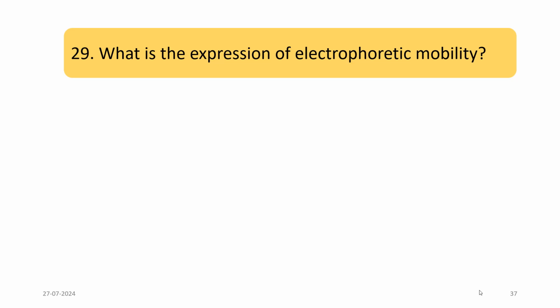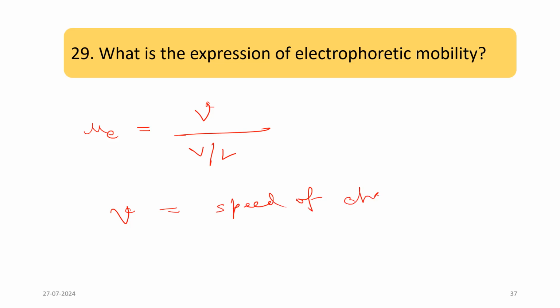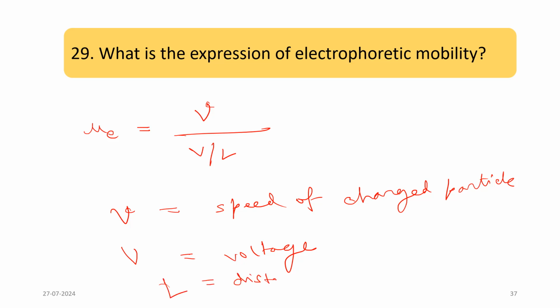Electrophoretic mobility is defined by mu E, which is v by V over L. Here small v is the speed of the charged particles, capital V is the voltage given in the zeta potential calculation, and L is the distance between two electrodes.